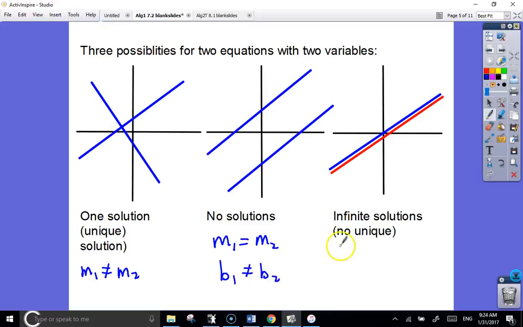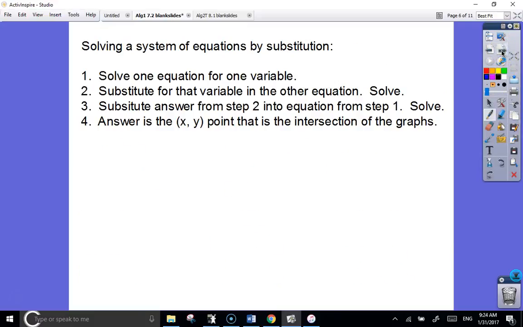And then this is the one where the slopes are the same and the y-intercepts are the same. They are the same line. Okay, the steps, which we just went over, but you should know them again. I could ask you that in a test.